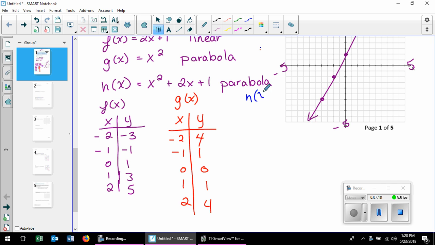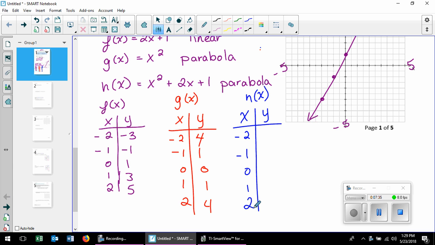Now for my h of x table of values: -2, -1, 0, 1, 2. Let's do this stuff in.